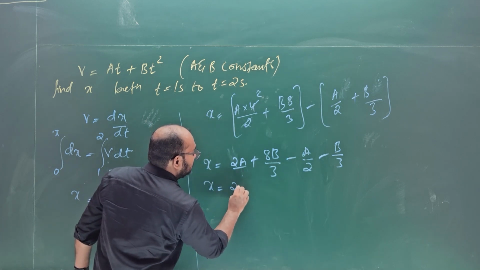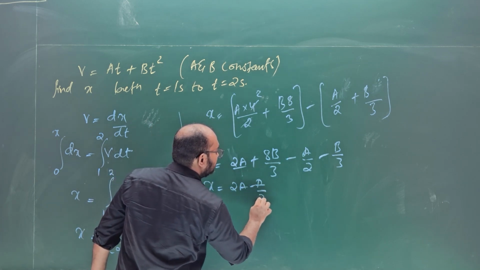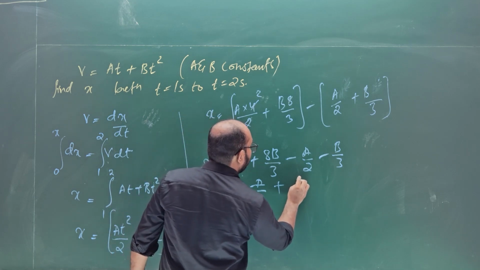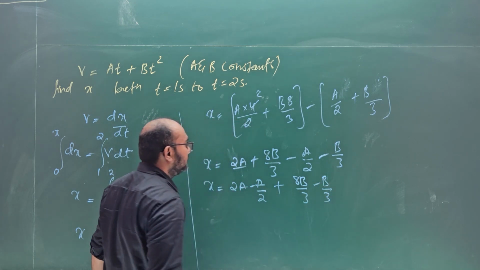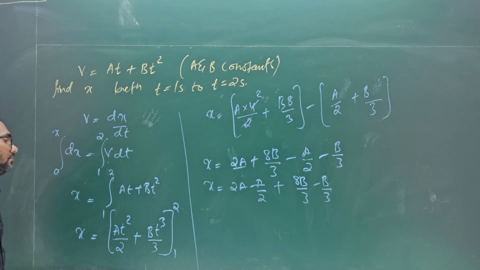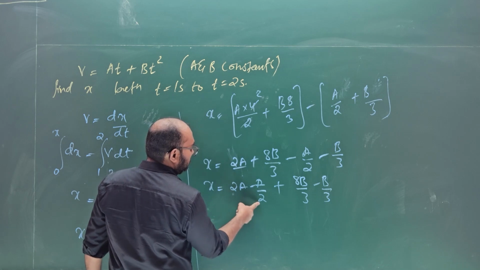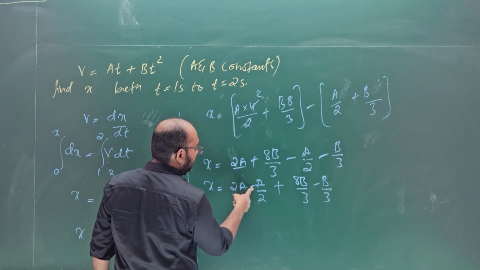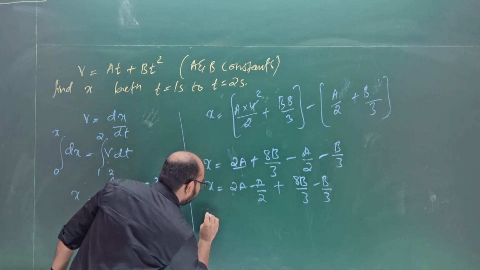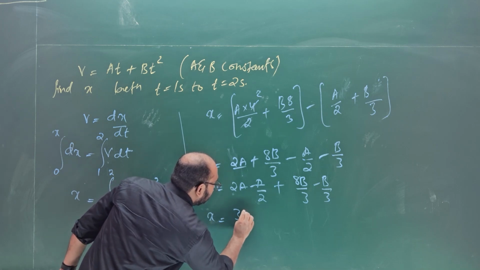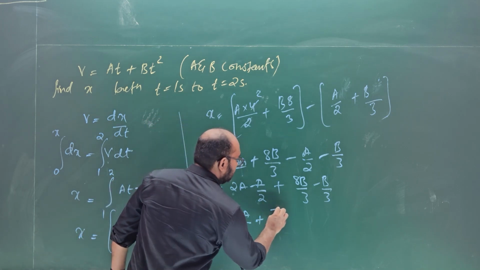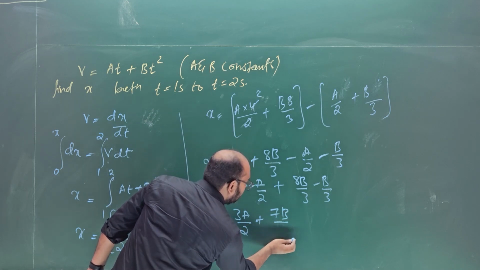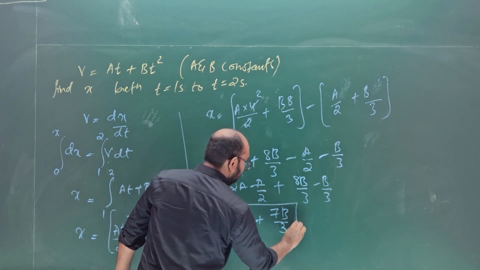X is equal to 2a minus a by 2 plus 8b upon 3 minus b upon 3. So 4a minus a is 3a by 2, plus 7b by 3.